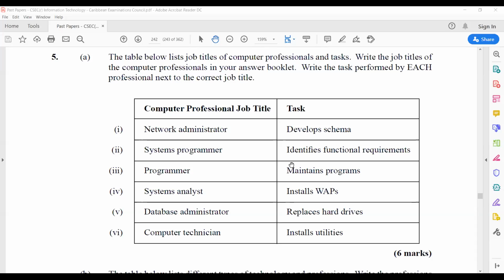A WAP is a wireless access point, a device connecting to the network to give people connectivity. So the network administrator is most probably going to be responsible for installing wireless access points. The other job title, systems programmer, what will they be responsible for?